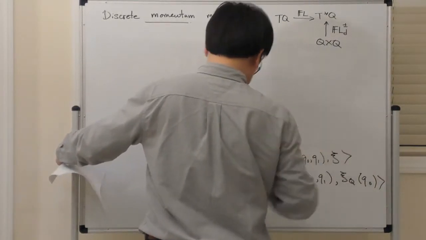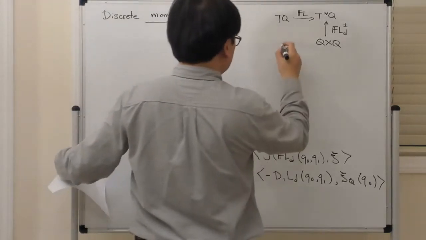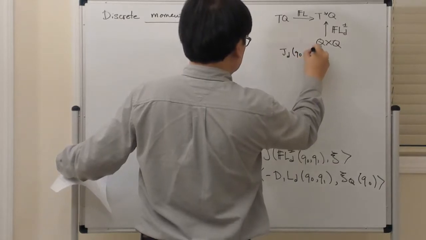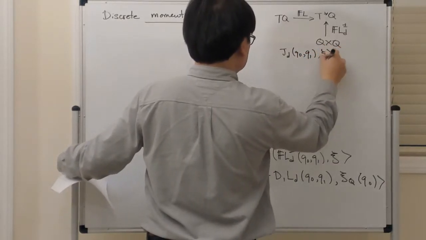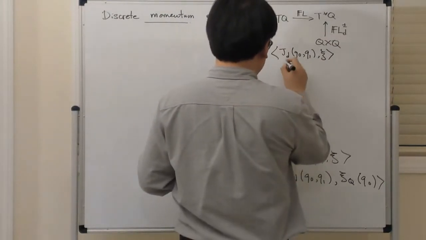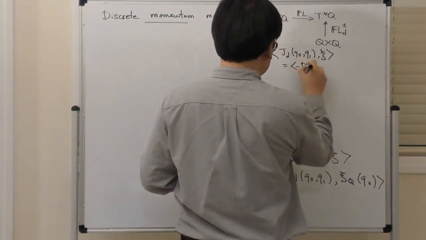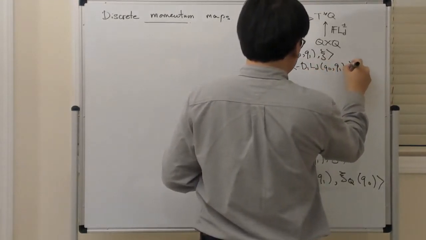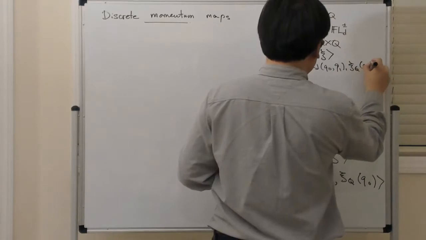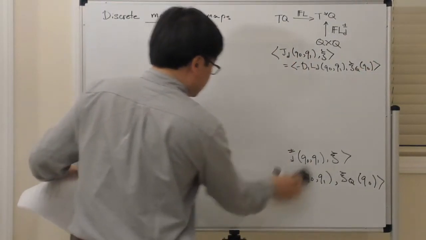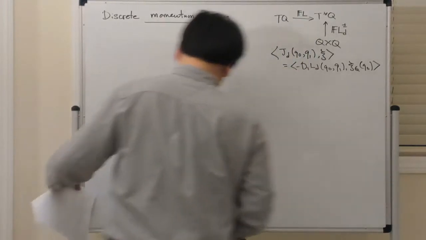So let me just write that JD Q0 Q1 is minus D1 LD Q0 Q1 paired with CQ Q0. All right. So now let me state a discrete Noether theorem.